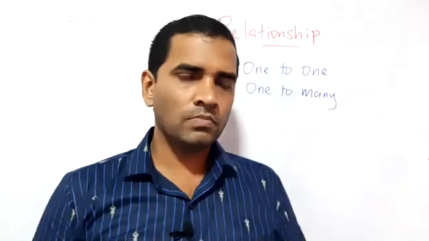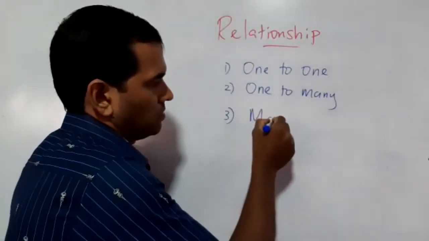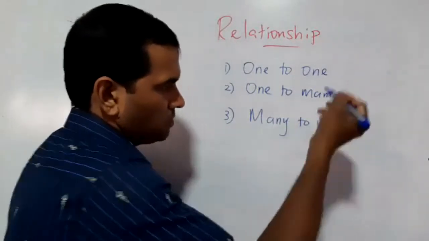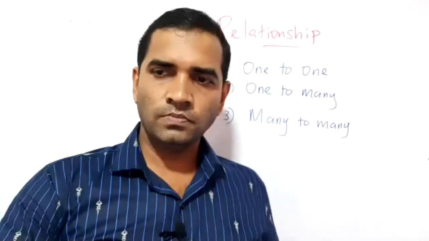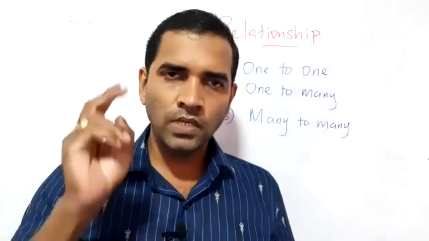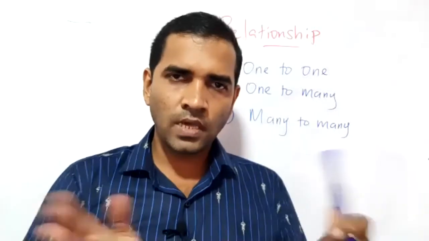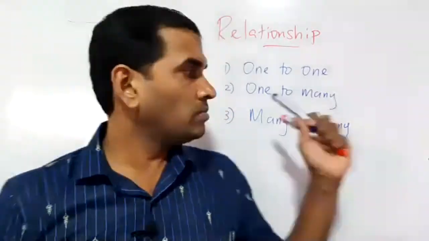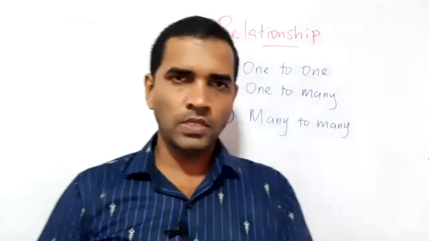That is another one. And also we have many-to-many relationship. So what is a relationship? The connection between two tables. The connection between two tables can sometimes be one-to-one, sometimes one-to-many, and sometimes many-to-many.